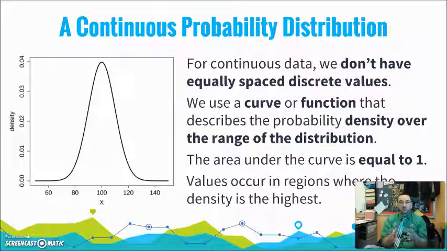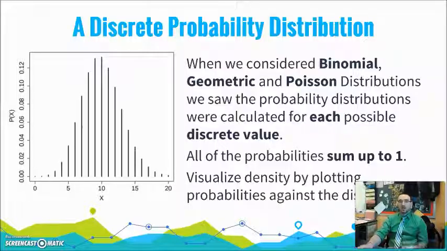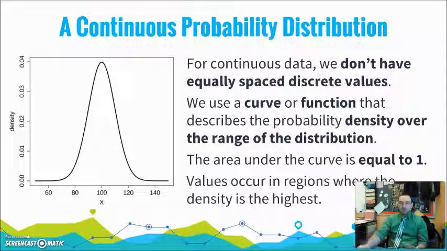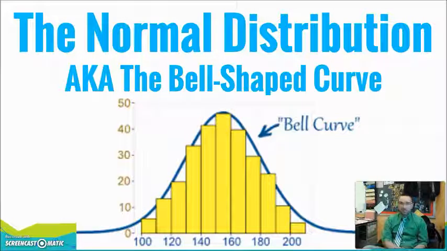Now that curve can be represented as a function, and I'll show you what that looks like here momentarily. We're not going to really use it too much, but it's interesting, right? That describes probability density over the range of the distribution. So the higher the density, the higher the probability. Fairly easy to understand. Just know that the area underneath the curve is equal to 1, and just like discrete probabilities, all of them sum up to 1. Same thing. So we're talking about probability still.